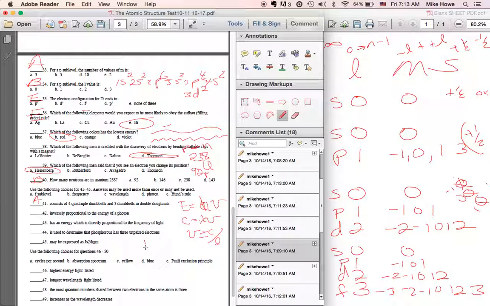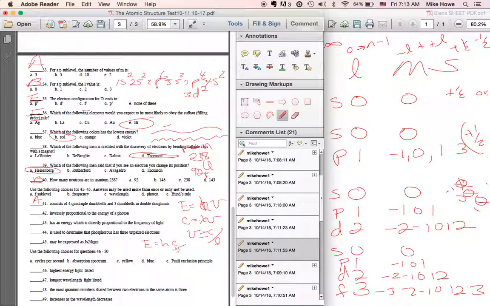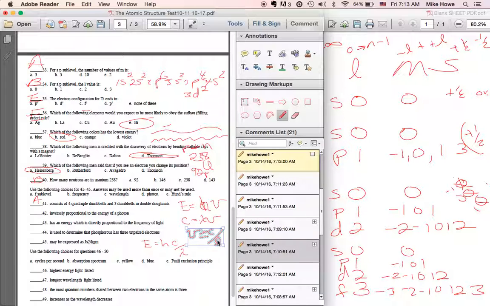So the bottom line is we could take this equation, E equals h nu, and change it to E equals h times C over lambda. Didn't write that very well, so I'm trying to figure out how to make that better.